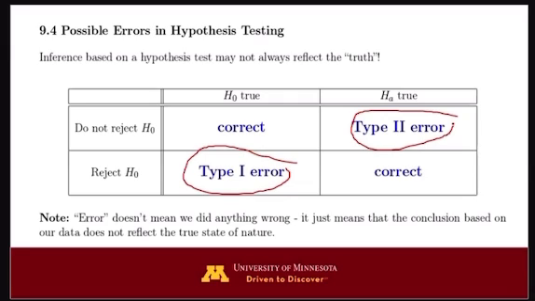Type 1 error is rejecting the null hypothesis when it is true, while type 2 error is failure to reject the null hypothesis when it is false. Does that make sense?